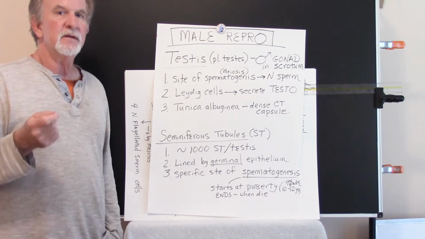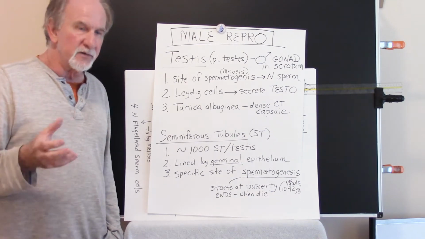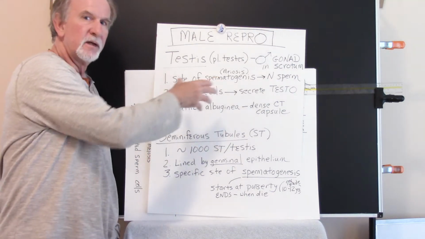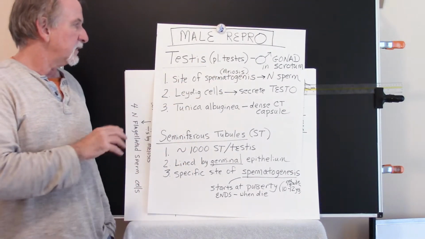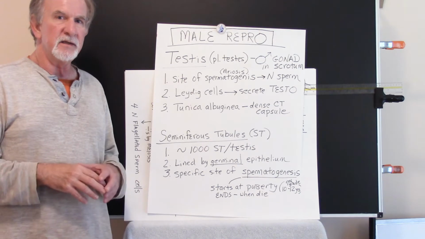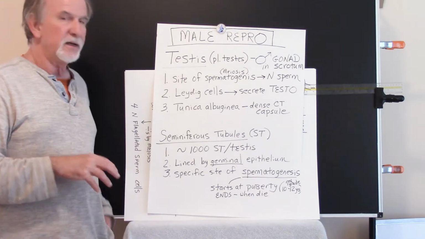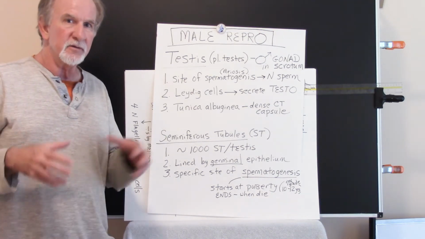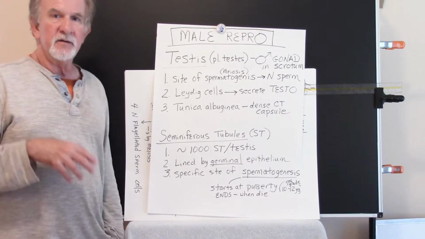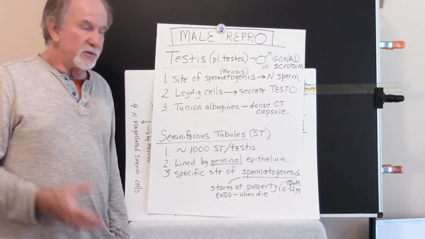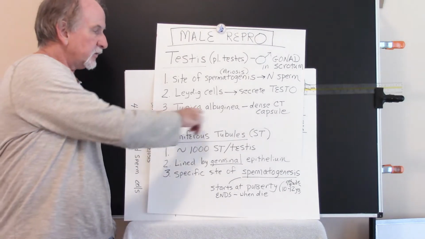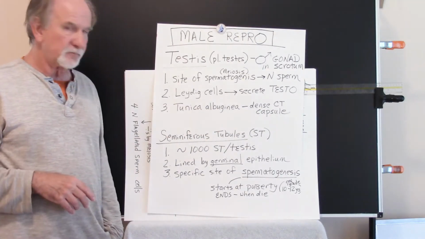They secrete the steroid hormone testosterone, which often on these poster boards I call testo. The testis is enclosed within a glistening white colored capsule made of dense connective tissue with a lot of collagen fibers called the tunica albuginea.